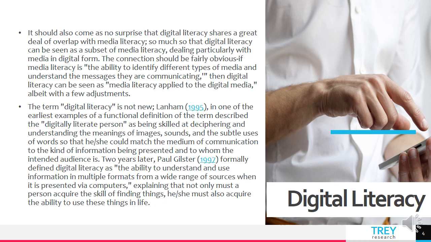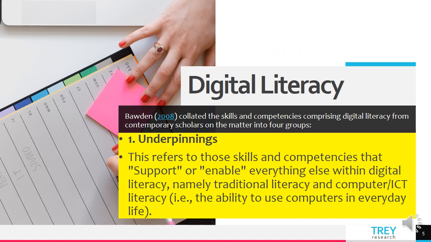So meaning this is not just all about understanding the information, the content, assessing or evaluating how reliable the information is, but also once you're able to understand it, then you should also have the skill to apply it in your life. So digital literacy, Bowden collected the skills and competences comprising digital literacy from contemporary scholars on the matter into 4 groups. First is the underpinnings.